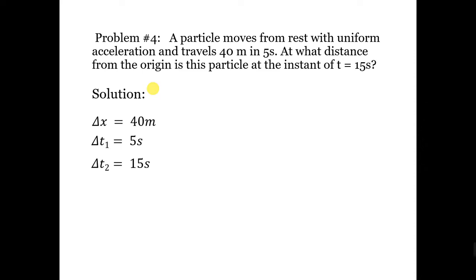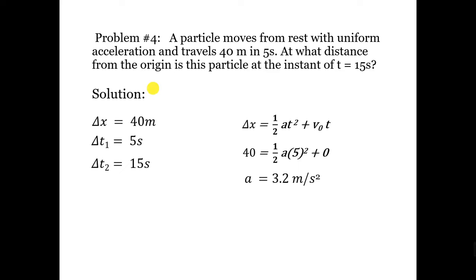Then we will use the kinematic equation of the distance formula in terms of acceleration and velocity. Then substitute all given values to the formula, and the result is equal to 3.2 meters per second squared as the acceleration of the object.